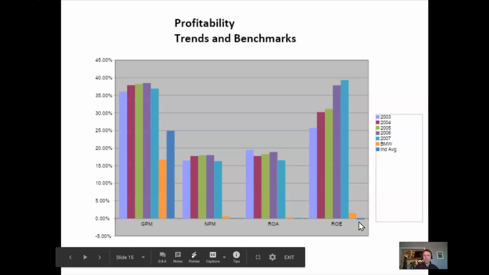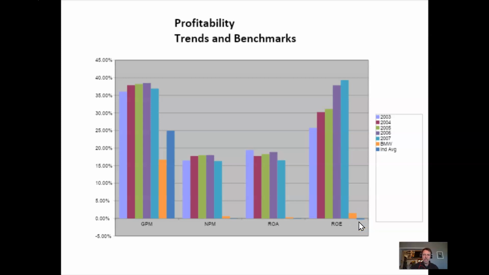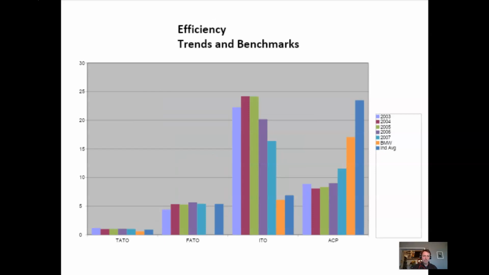If you look at this blue, just slightly, it actually is negative for the whole industry. So they look like they're doing really well profitability wise. Then we look at some efficiency trends. Total asset turnover, that's TATO right there, and you can see we're more in line with the industry, a little bit above. Fixed asset turnover, far better than BMW, but again, more in line with the industry as a whole.